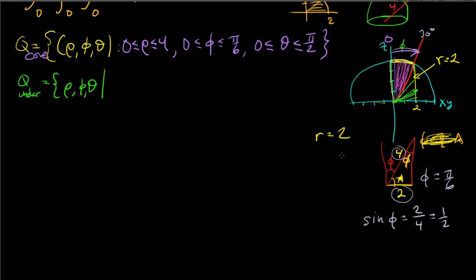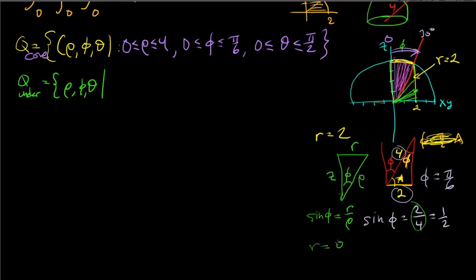So now how do we represent r equals 2 in spherical coordinates? Well, either you remember it or you don't, but let's get the picture here. So here's phi, here's r, and here's rho, and here's z, although I don't think we need z in this case. So if we take the sine of phi, we get r over rho, and that was the 2 over 4 we had earlier, but now r and rho could be anything.